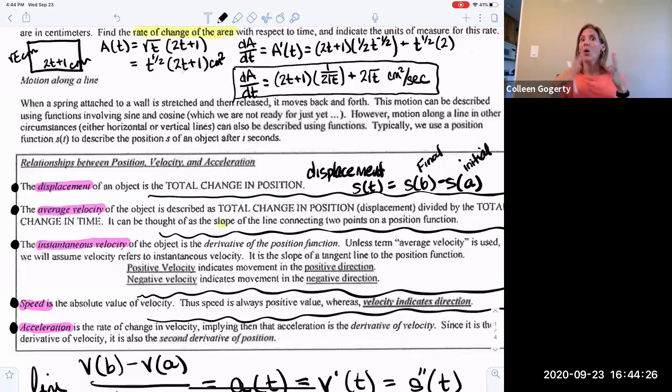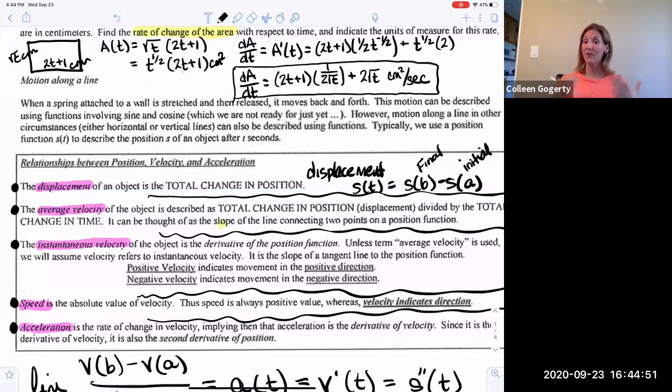When I'm looking at displacement, I can have a negative because it's going to indicate direction for me. Distance refers to absolute value. That is not displacement.